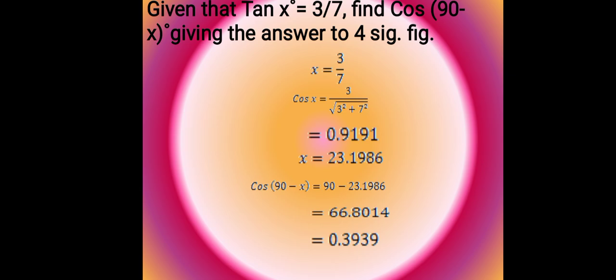Now, if tan x is equal to 3/7, it means that the opposite side is 3, the adjacent side is 7. Now, what will be the hypotenuse? The hypotenuse will be the square root of 3 squared plus 7 squared. So cos x should be equal to the adjacent side over the hypotenuse, which is the square root of 3 squared plus 7 squared.